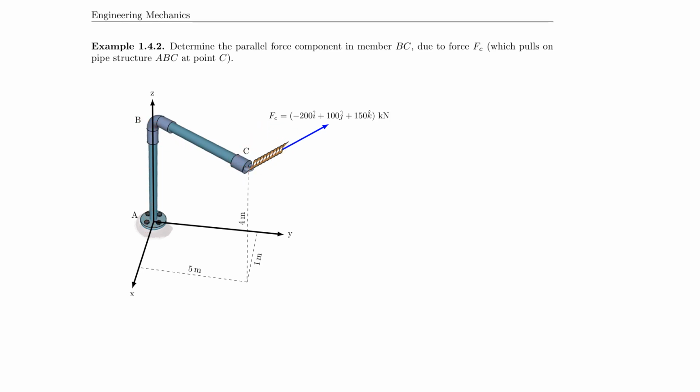But really what we're after here is the force in that pipe BC. So let me mark that for you in red. So here we have a vector which is BC, and clearly what we want is BC hat, right? Remember that we want to project FC onto BC. So really what we're looking for here is FBC parallel due to FC in pipe BC.